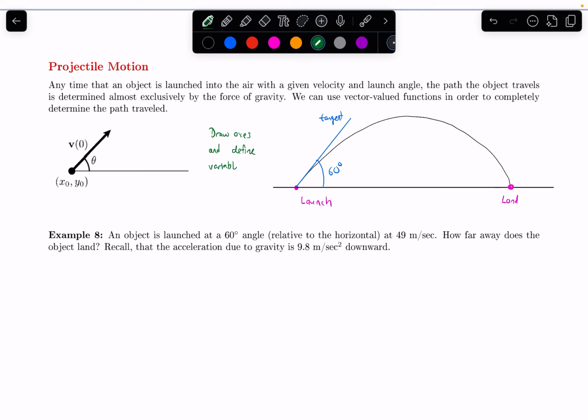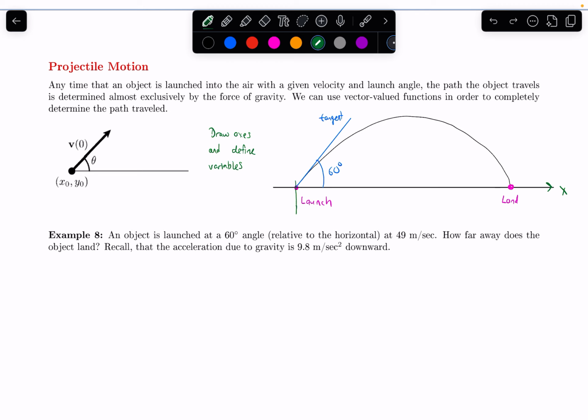I think it makes sense to have the ground be the x-axis, with the origin at the spot it was launched. Then the y-axis I'll make vertical from that launch spot. That's not the only way I could have done it. If I wanted to move the origin to some other spot, I could have. Often it just depends on the situation in the picture. But I think this makes a natural choice here.